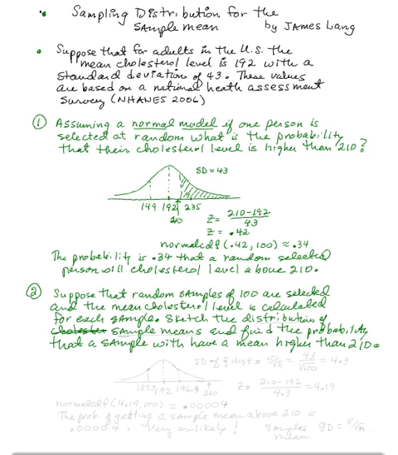So question 2 says, suppose that a random sample of 100 is selected and that the mean cholesterol level is calculated for each sample. Sketch the distribution of sample means and find the probability that a sample will have a mean higher than 210. Now, the key thing you have to recognize in this problem is that this is talking about the distribution of sample means.